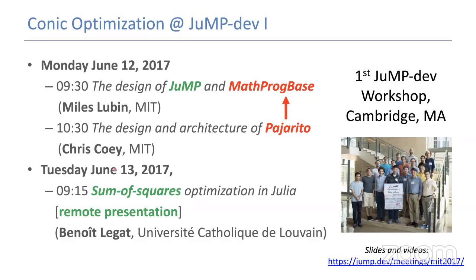Interestingly enough, the next day we had Benoit telling us about sum of squares, which was one of the first places where I saw the potential for this type of modeling paradigm. And I guess we were already ahead of our time. That was a remote presentation that Benoit gave at the workshop. And I would say this is exactly where the shift to conic potentially started, with the conversations of the people that were there.